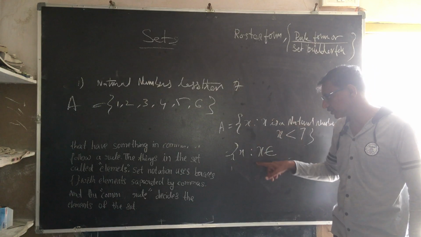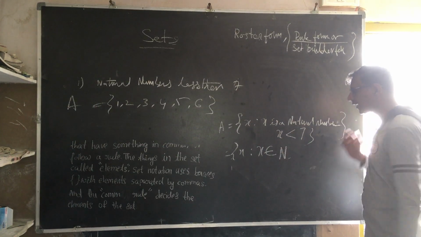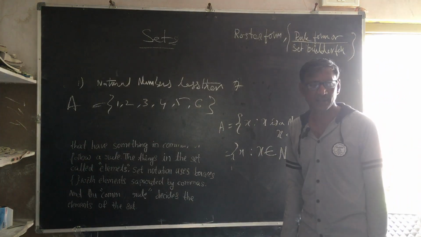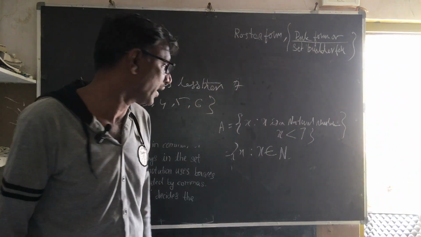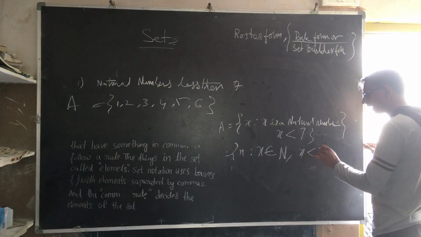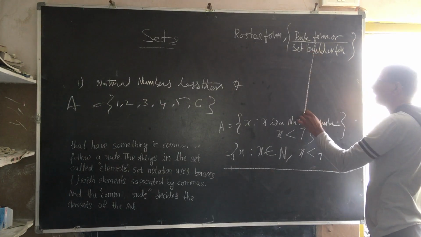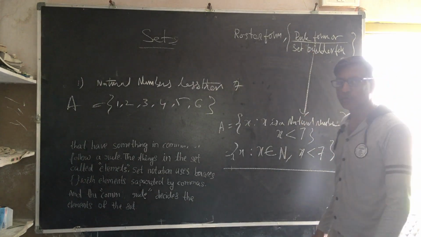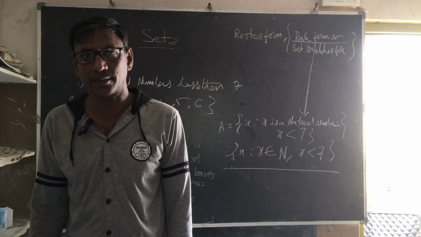In sets you use this type of symbol. We know N. What is N? Natural number. Comma, X less than 7. That's it. You can write like this also. This is called rule form or set builder form. Am I clear or not?